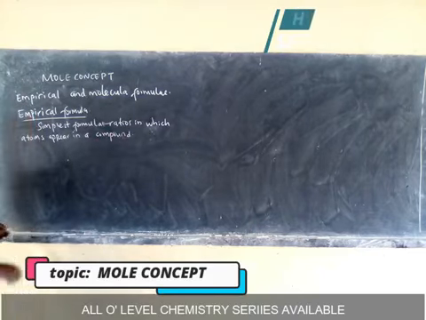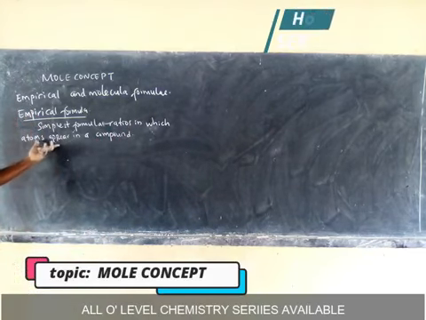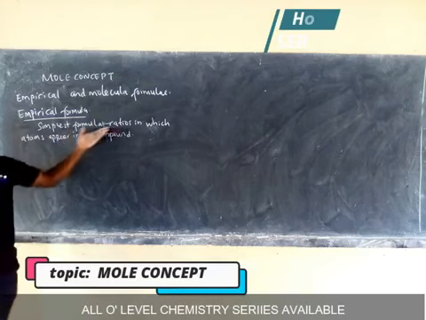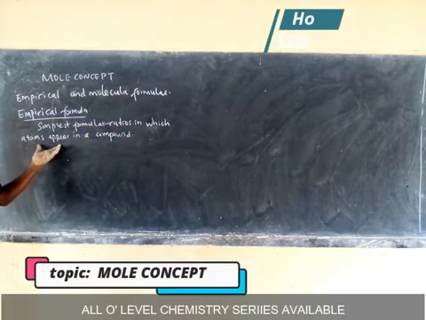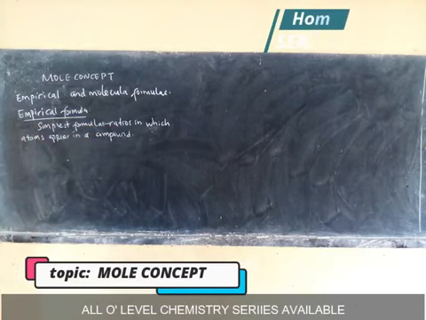So you're having a compound, the formula that shows the simplest ratios in which these atoms of elements appear in that particular compound is called the empirical formula.